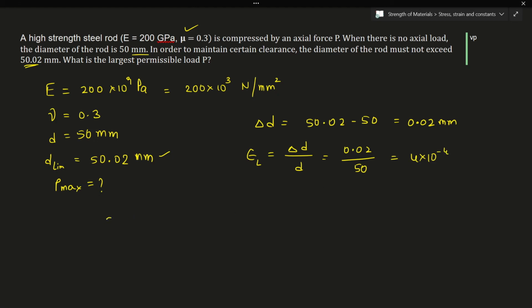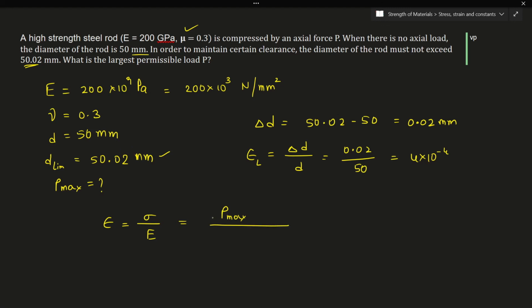Now again, longitudinal strain is given by stress divided by elastic modulus. We don't know the stress, so I'll have P by A, where P is maximum because I've taken the maximum allowable diameter here.